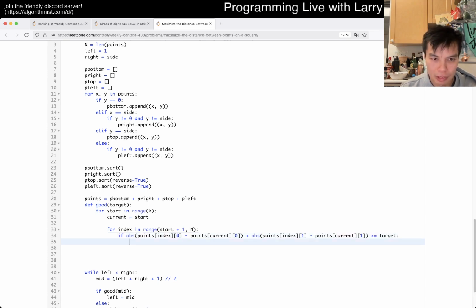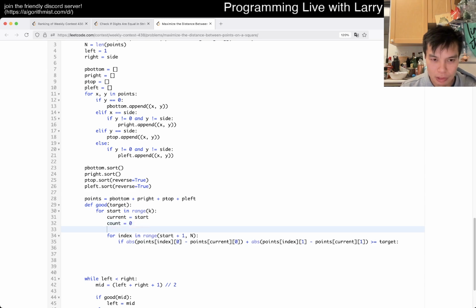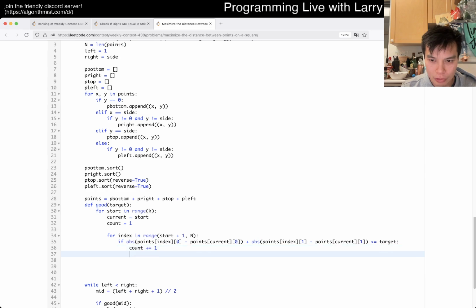Then we have a count is equal to 0. Then now we have count is equal to 1. We have 1 point. Count increment, and current is equal to index.